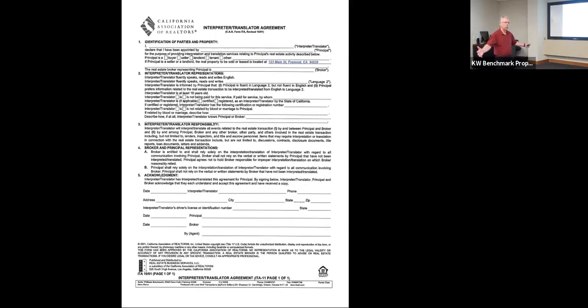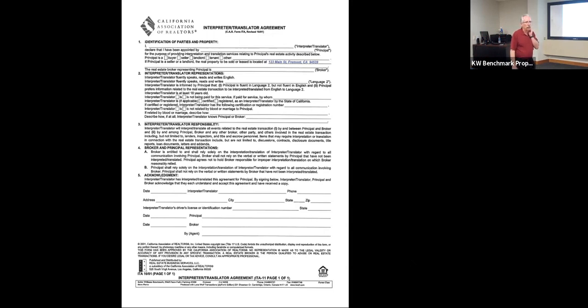Multiply that number of hours by $60 an hour. How many hours do you think it might be? 20 hours, 30 hours? Someone get out the calculator. What's 25 hours at $60 an hour? $1,500. $1,500 for an interpreter.